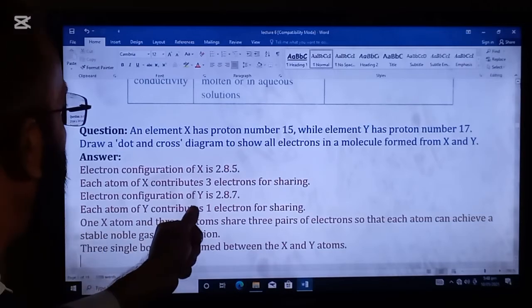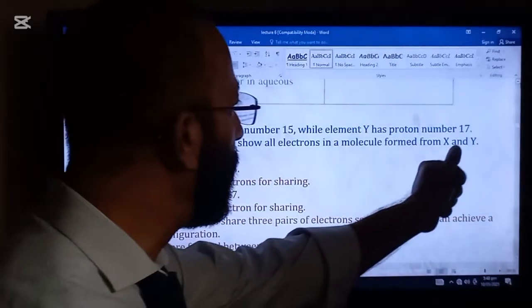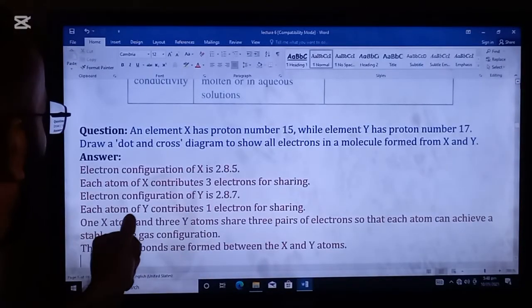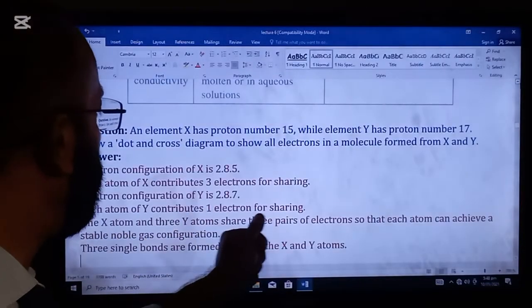Electron configuration of Y is 2,8,7 because proton number is 17. Each atom of Y contributes 1 electron for sharing.